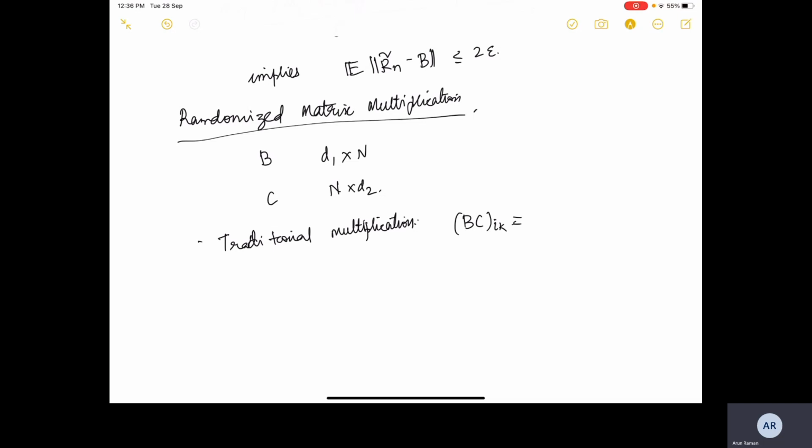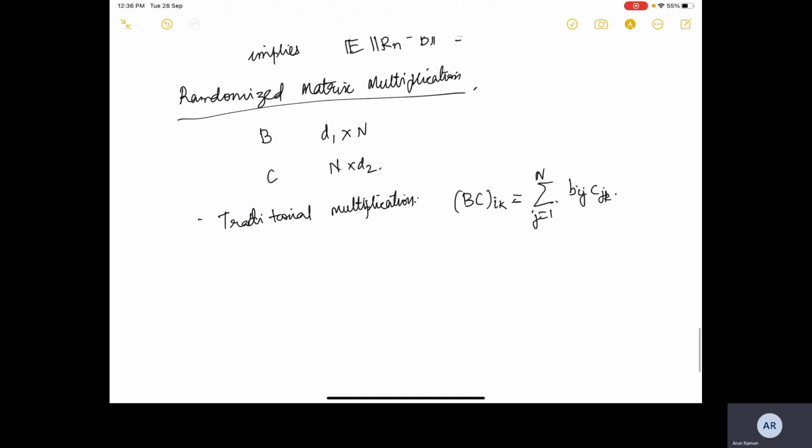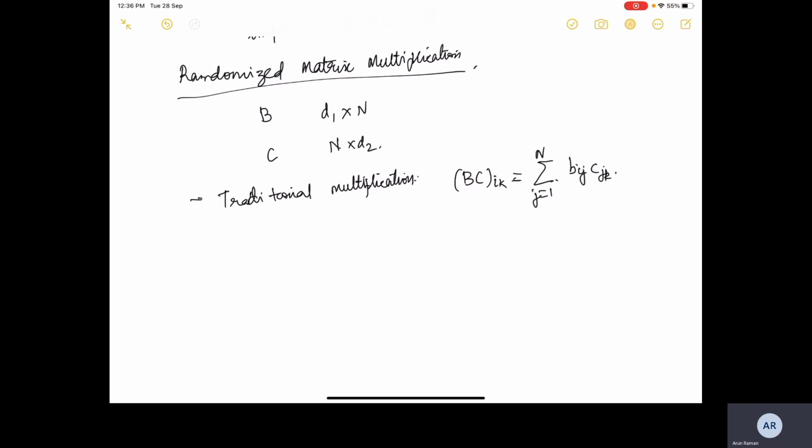The ikth entry of the product matrix BC can be written as this. Okay, this is the traditional way of multiplication, but as we discussed before, because we are doing matrix approximation, we want to approximate the product matrix, we want to write it as a sum of simpler matrices.